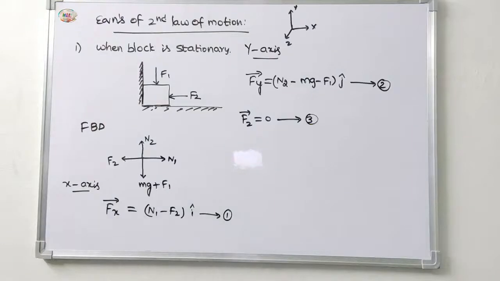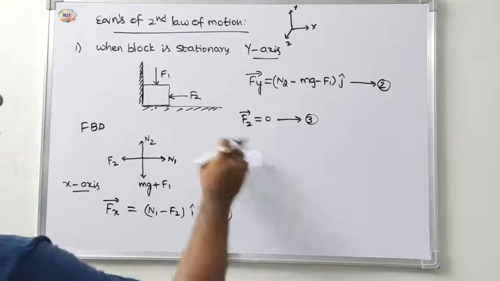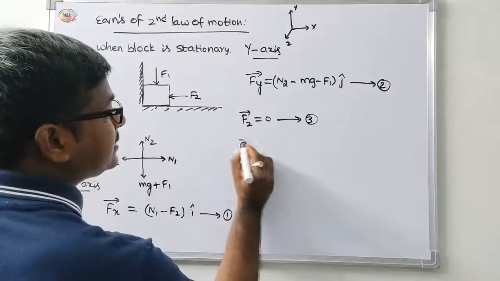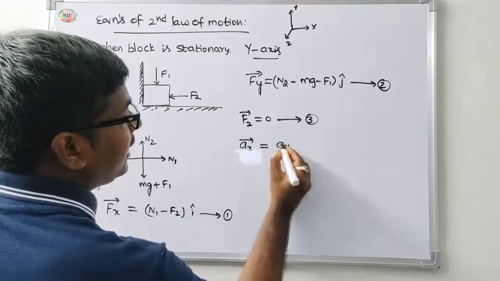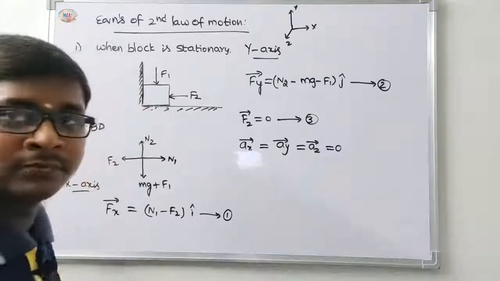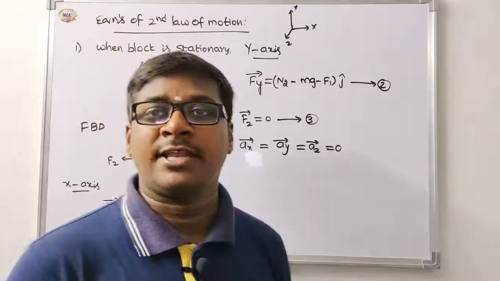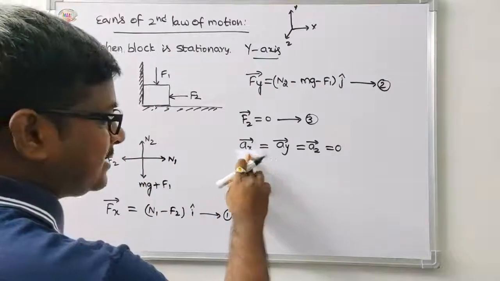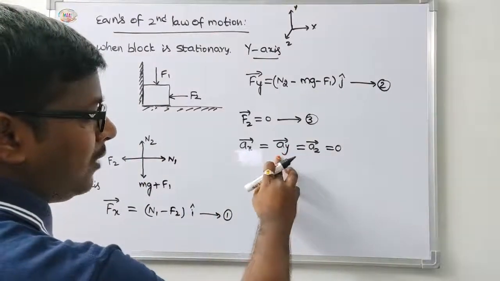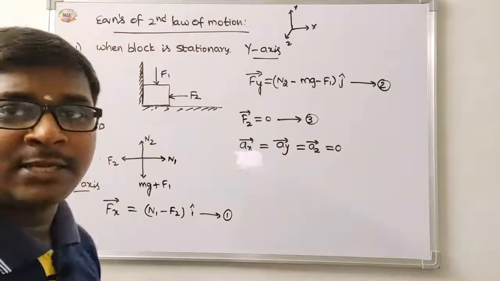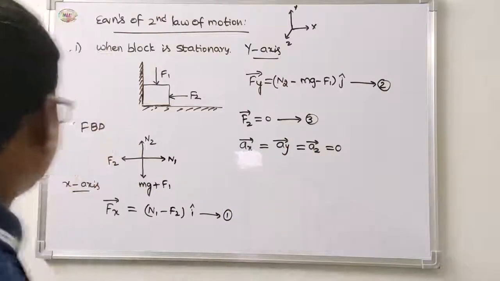Since the block is stationary, Ax is equal to Ay is equal to Az is equal to 0. The acceleration along the x-axis is 0, along the y-axis is 0, and along the z-axis is also 0.